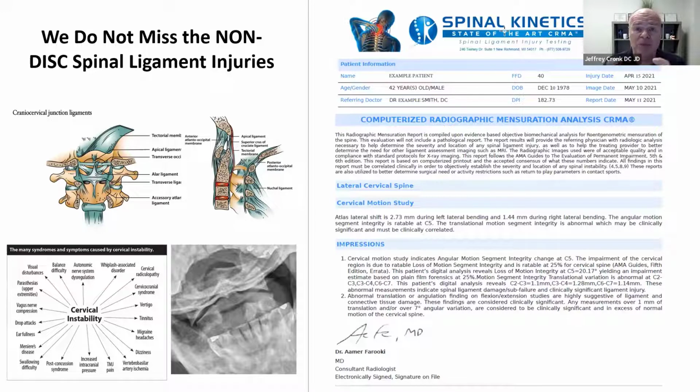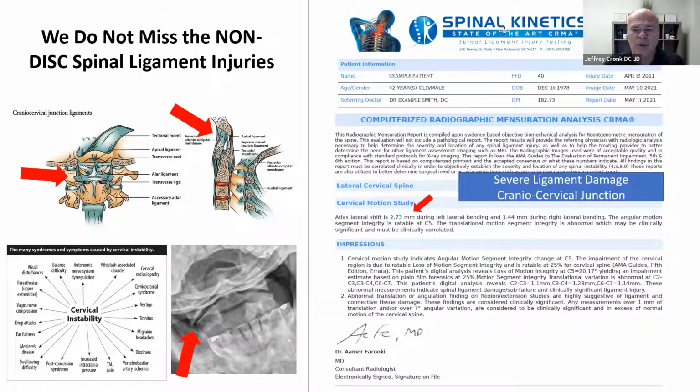If I'm looking at treatment guidelines, I have an automatic qualifier for a grade 3 or grade 4 injury in the Croft treatment guidelines, which means treatment-wise I have up to 76 visits or more in a 52-week treatment duration, of which I'm probably not even going to come close to using. But I have it as far as space. I have that immediately just from looking at this report. So I have severe craniocervical junction damage.